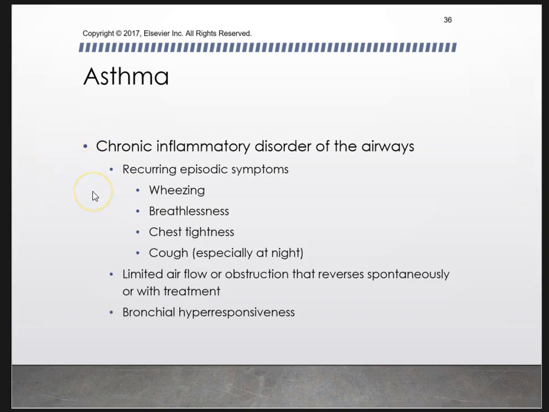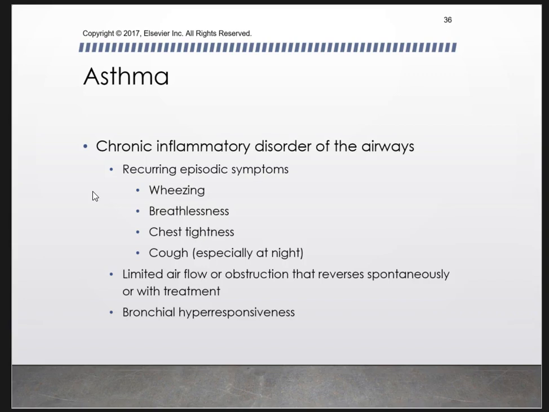Other recurring episodic symptoms are breathlessness, a tight chest, and cough at night, especially at night, that wakens them up. So again, we're talking about all this A&P. When you're thinking about asthma, thinking about the anatomy is so important.